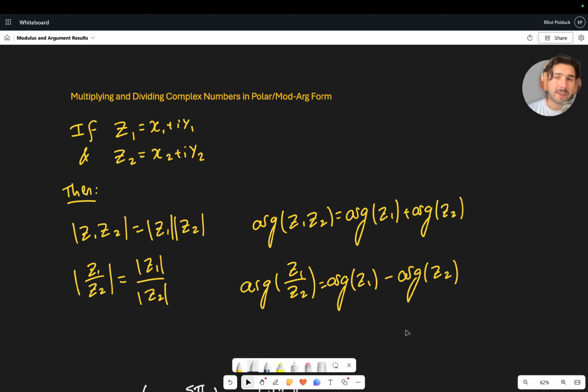So what I'm thinking for the next video is I might do a derivation of this using only polar form, and then I'll do a nice, much easier way using the exponential form of a complex number. So the next video on complex numbers will be a derivation of this, but it's not the easiest way to do it. It's just a fun way of doing it. And then I'll show you the actual way that you should do it to not spend a bajillion years on it. But hopefully that makes sense, guys.